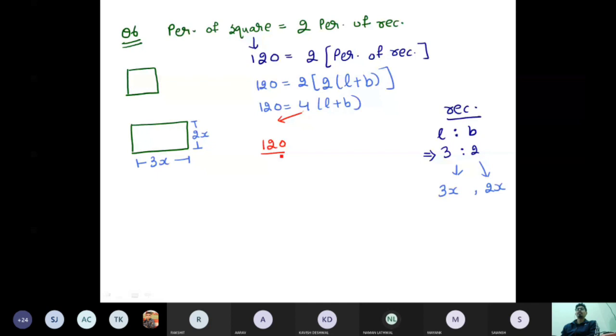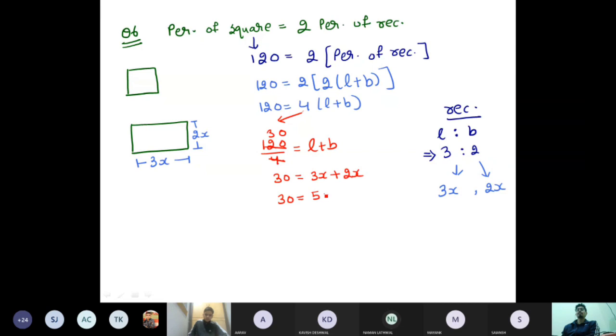So 120 divided by 4 is equal to length plus breadth. 4 3s are 12 and 0, so 30 is equal to length plus breadth. Length is 3x, breadth is 2x, so 30 is equal to 5x. 5 6s are 30, so the value of x is 6.